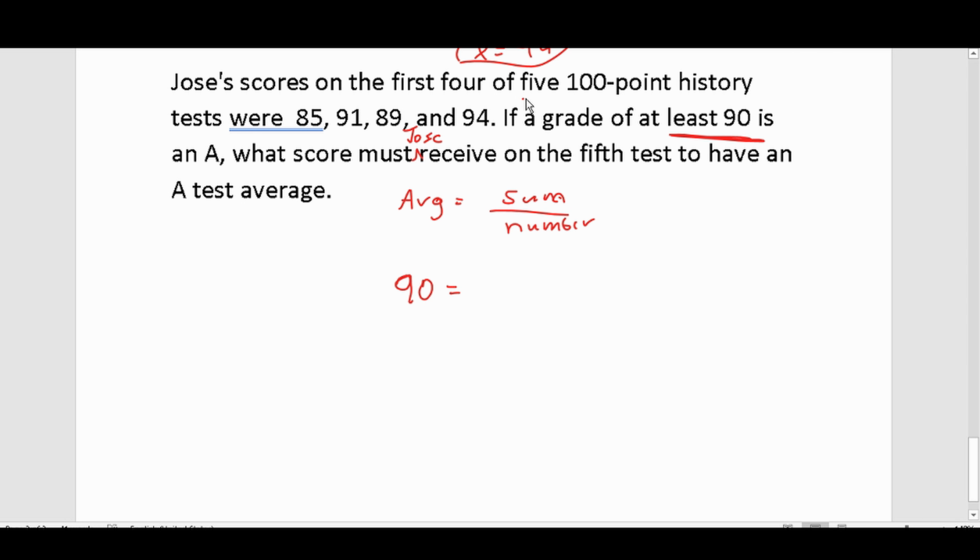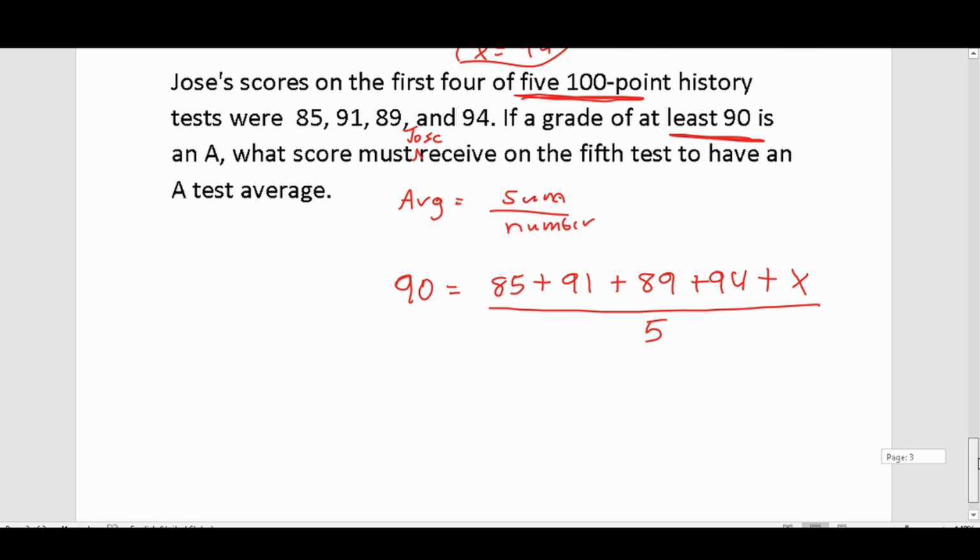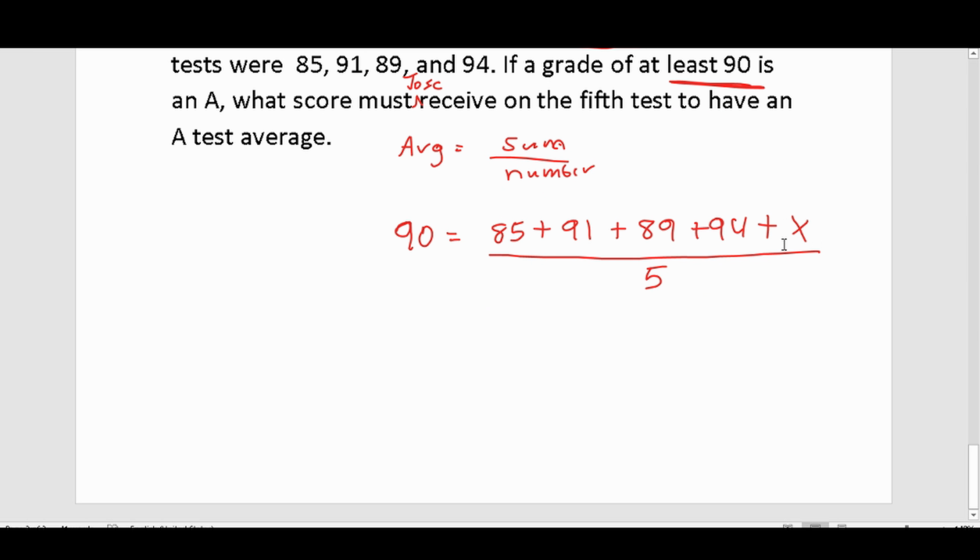We know there are going to be 5 data points, 4 of which are given, namely 85 plus 91 plus 89 plus 94. And to represent the score needed on the 5th test, we'll go ahead and put an x there. And again, there's 1, 2, 3, 4, 5 data points, including the unknown one. So now, as we did in the last problem, we're simply solving for x.